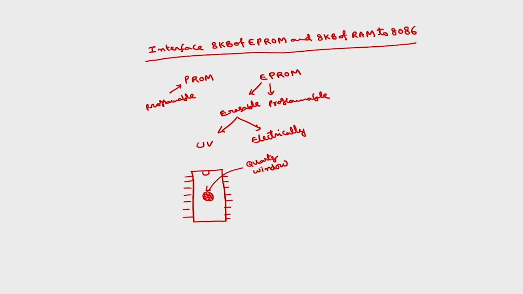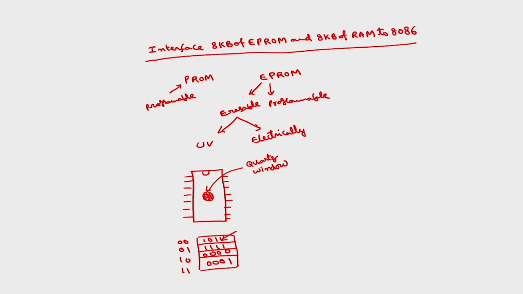But the drawback of this type of ultraviolet erasable programmable read only memory is, suppose I have some 4 locations, each location capable of storing 4 bits of information, say 1011 1111, and these are the 4 addresses, 00, 01, 10, 11. Suppose I want to erase only a single bit, that is not possible. In case of ultraviolet erasing, the entire data will be erased. That is the drawback of this one.